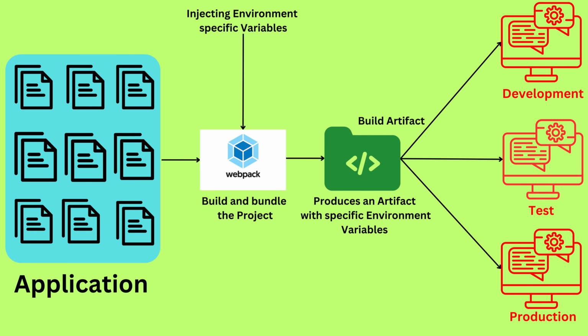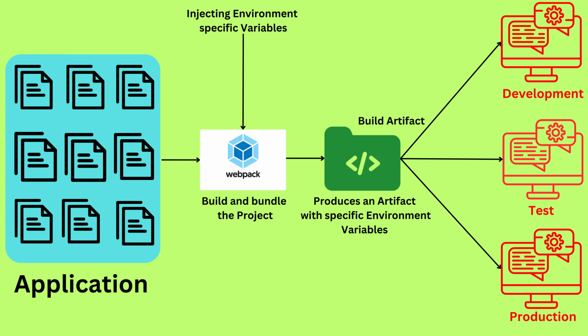If you look at this, while building the project, we have to inject environment specific variables and it produces an artifact for whatever environment you specify. So for example, if you build the project with the dev webpack.config.js, it builds the artifact for development.